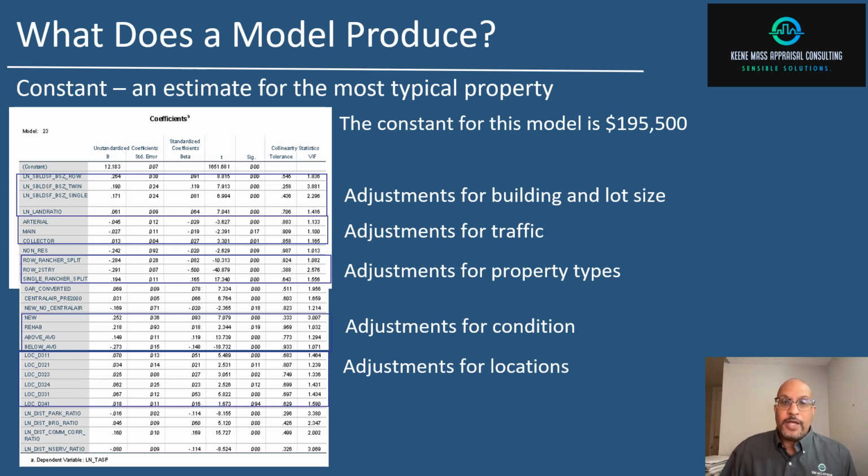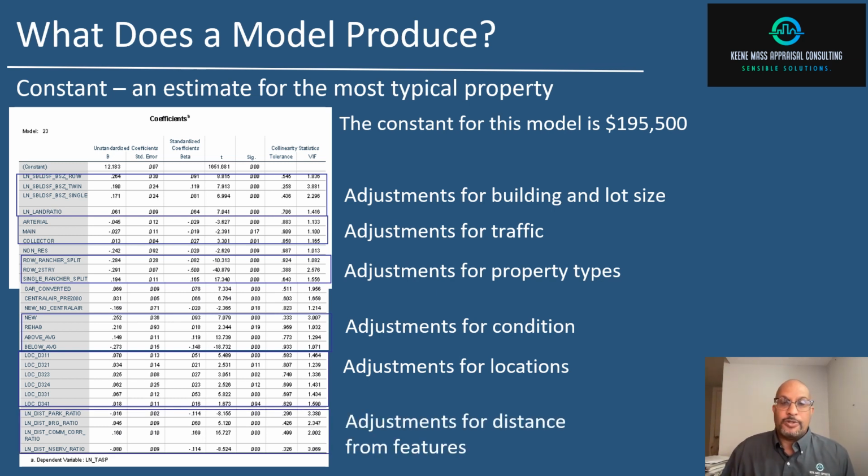There are adjustments for locations or neighborhoods. In this model, there are also adjustments for distance from desirable or undesirable features. In this case, we're looking at parks, bridges, commercial corridors, and desirable neighborhood services. There are also adjustments in this model for a type of garage and for whether or not there's central air in the property.